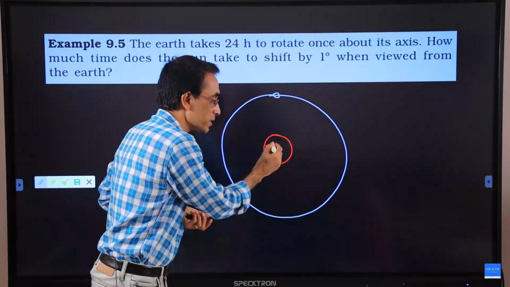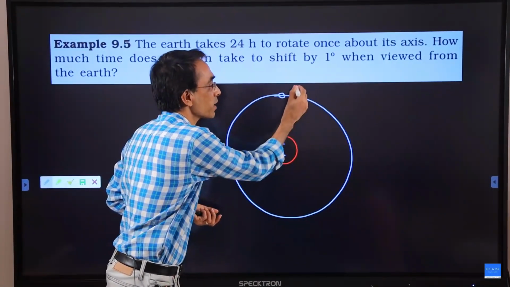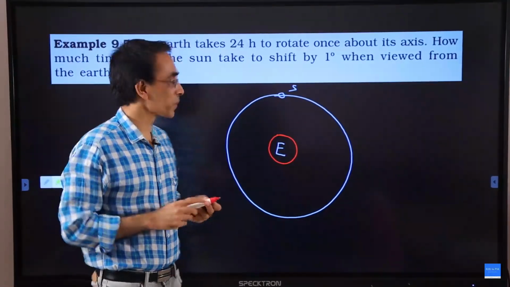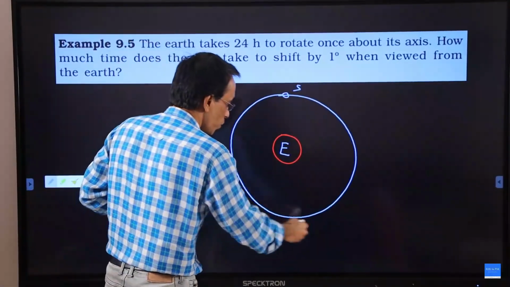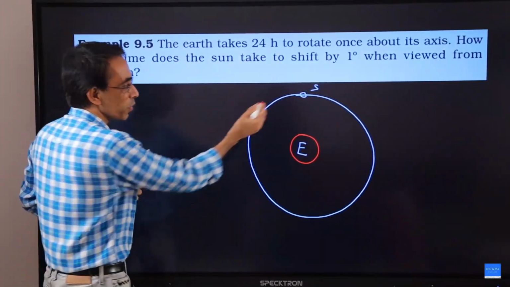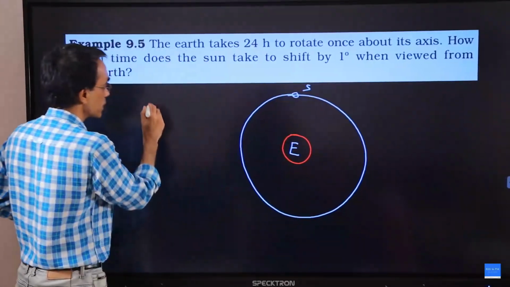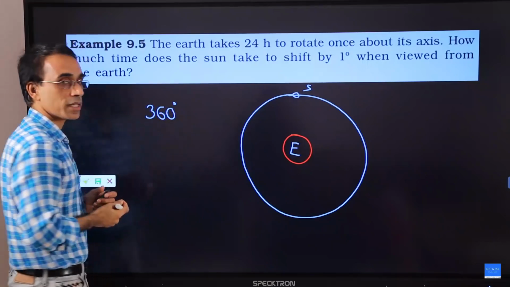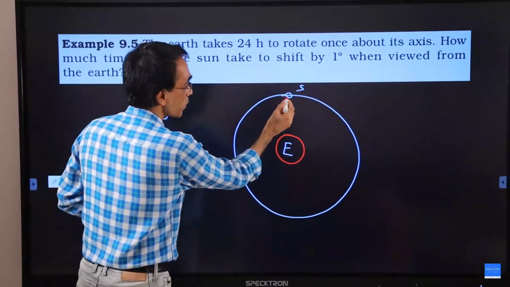So here we are considering earth here and sun here. So relative to the earth, the sun is going around us. So when it goes once around us, we say it is 24 hours. When it goes once around the earth, the sun will cover an angle of 360 degrees. And what is the time taken for this one?